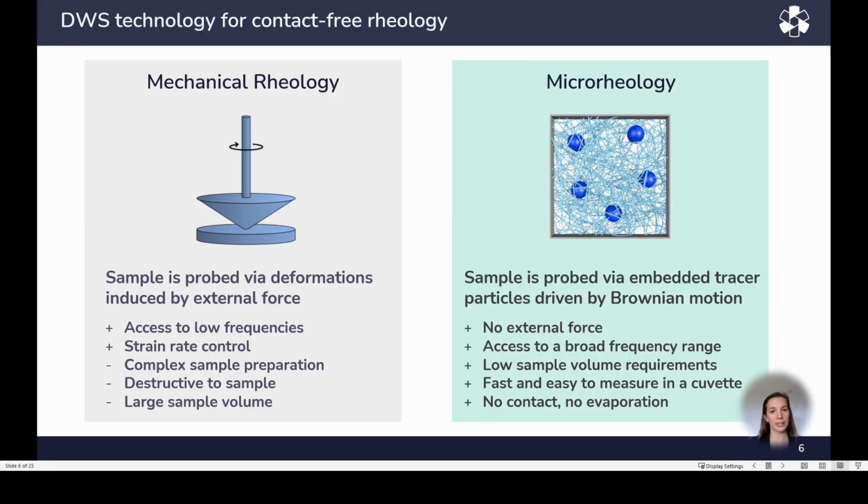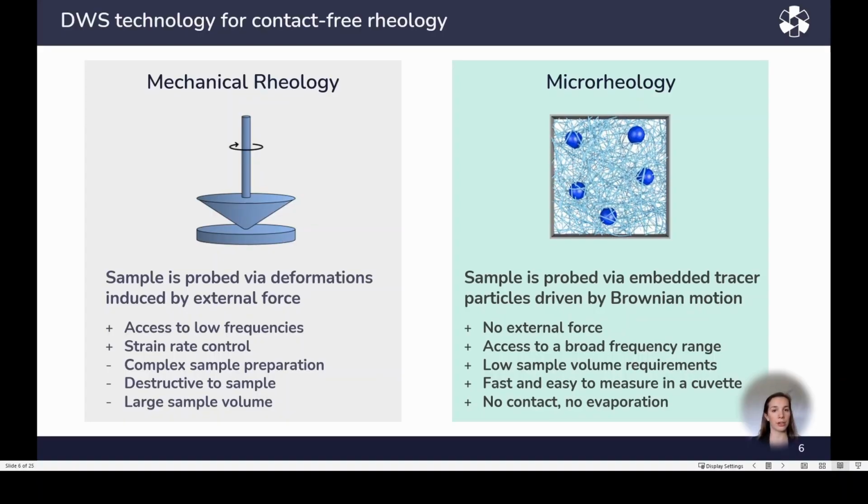This also means that you can probe the sample at rest, and no external force is applied to the sample, which is going to deform it. As a result, the technique is non-destructive and non-invasive, enabling repeated measurements on the same sample over time. Ideal for shelf life and stability testing, for example.